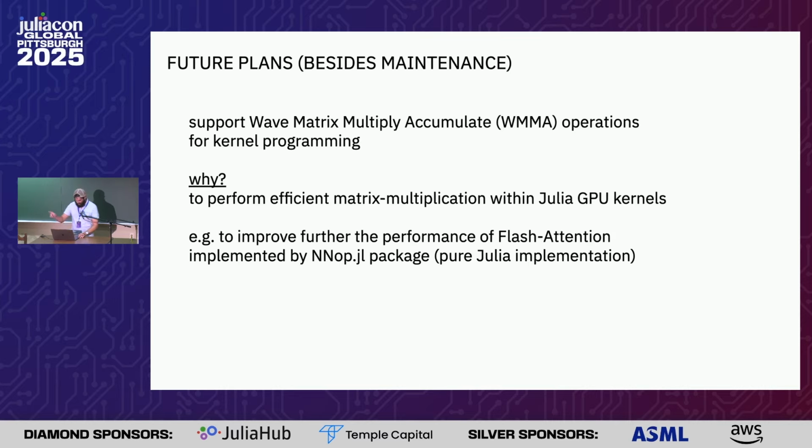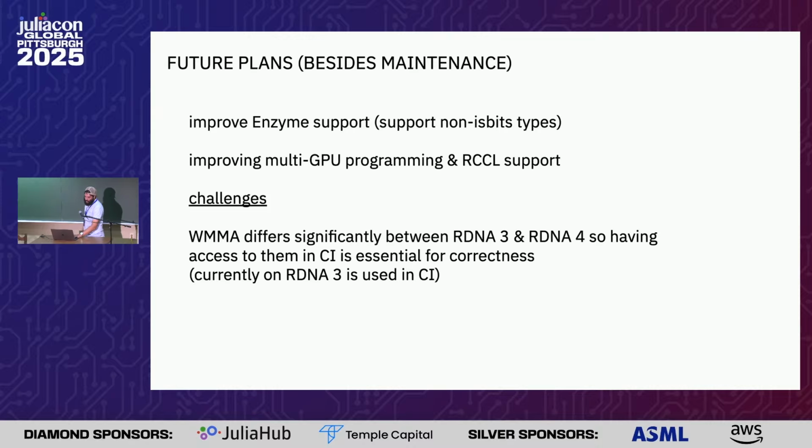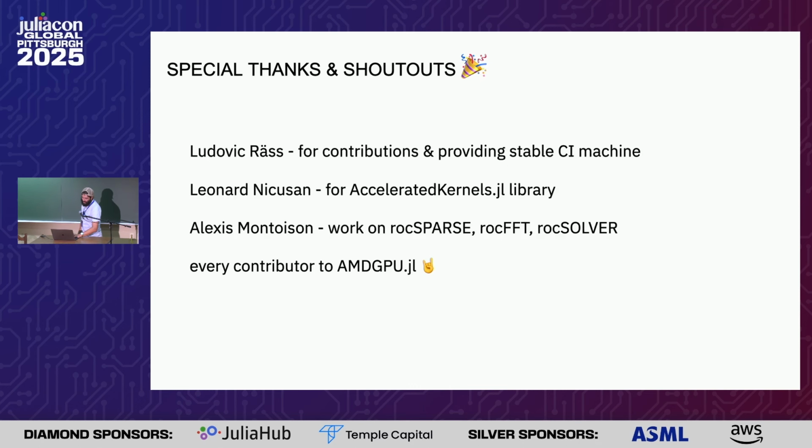Apparently there's flash attention available in an NNOP, and improving that obviously would be big for all sorts of AI machine learning research. Also improving Enzyme support and multi-GPU programming, which I'm also working on in Dagger, but that's unrelated. There are some issues with WMMA between GPU generations that need working out. Again, AMD, if you want to help, we would love that.